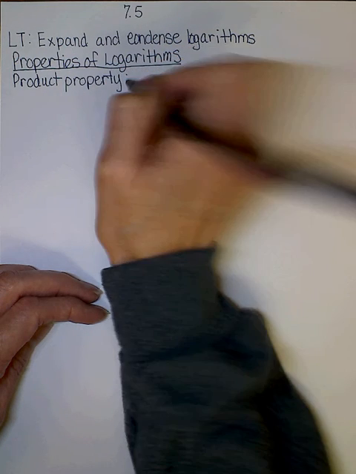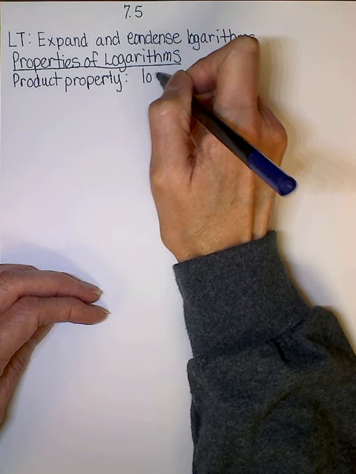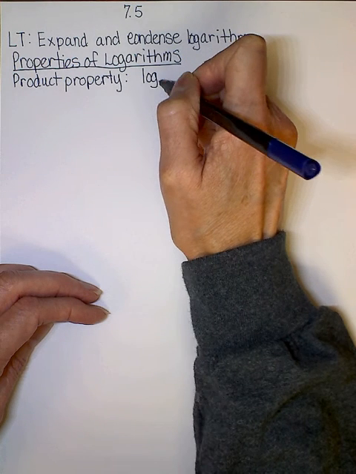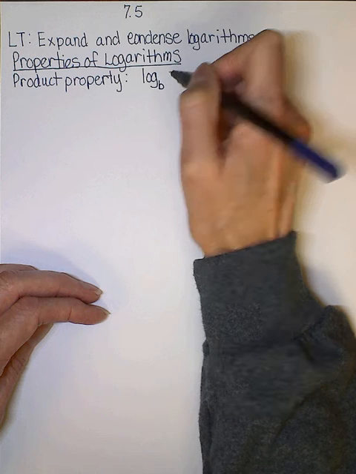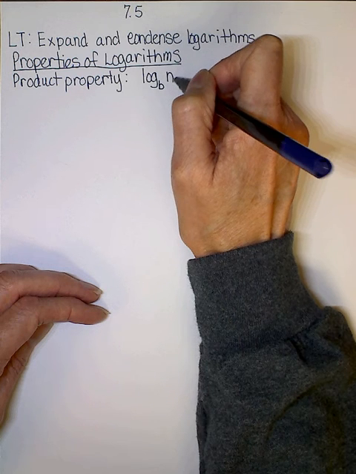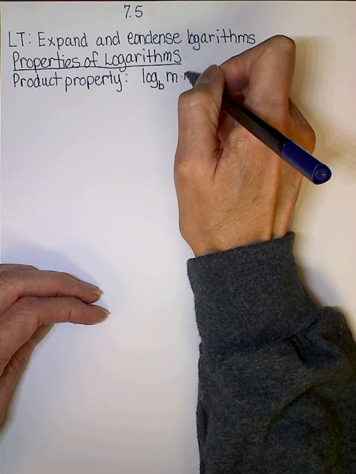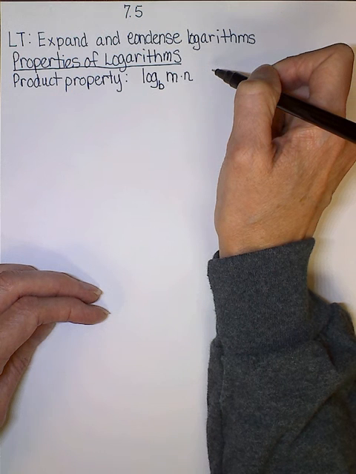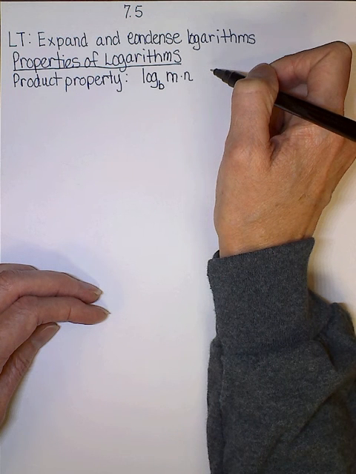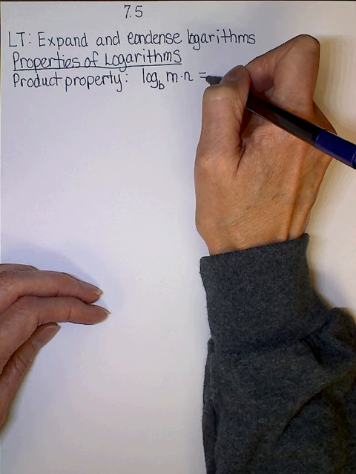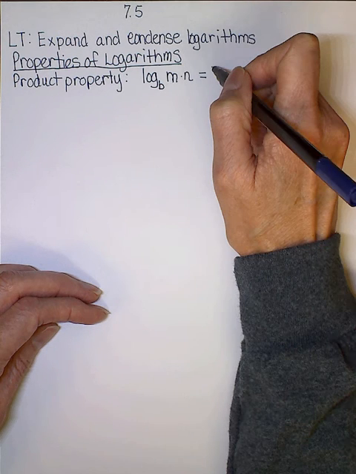Okay, so if you have a logarithm, and we're just going to call all these base b, but there's a product here. And sometimes you can make it into a product also. Then what we would do to expand this out is we would expand it out with addition.